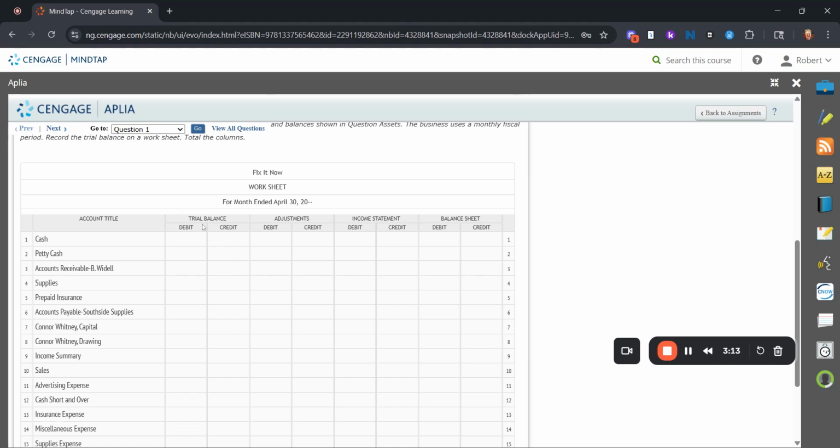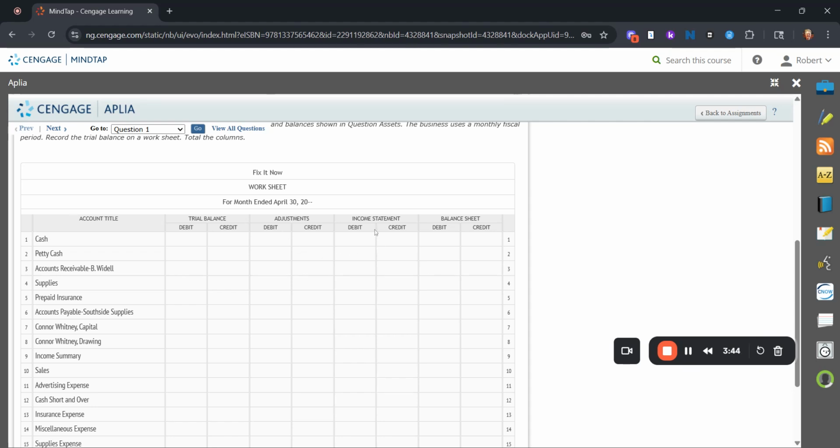I like to call this the beginning of the month balances, or the beginning of the financial transactions before any changes are made. And we have adjustments. So this is where we're going to take out for expenses.